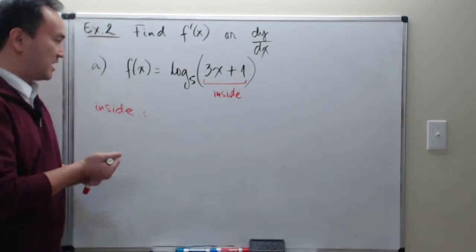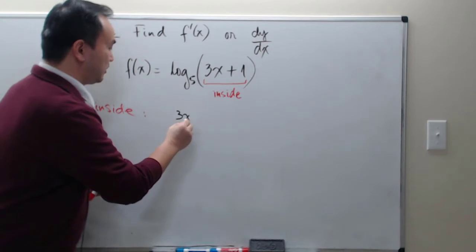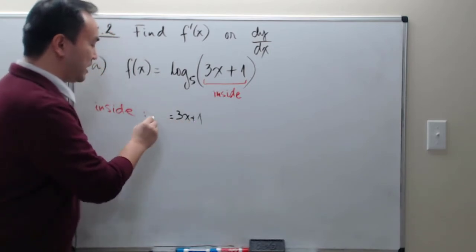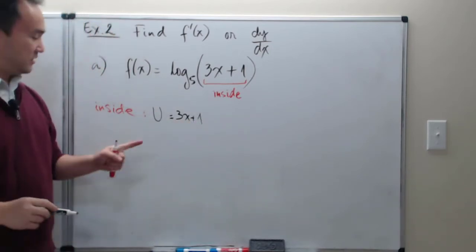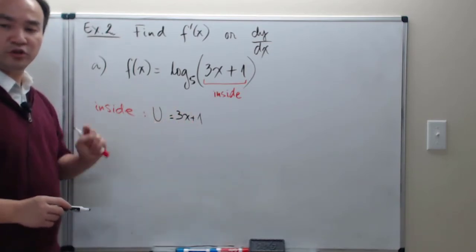So we're looking at the 3x plus 1 to be the inside, and we can assign a new variable name for that. We're substituting all of that 3x plus 1 as a new variable u right here.